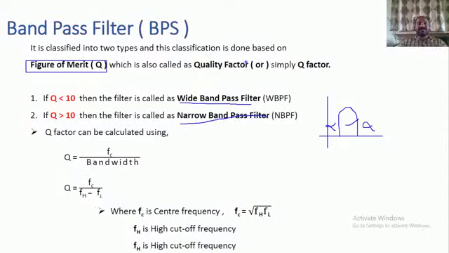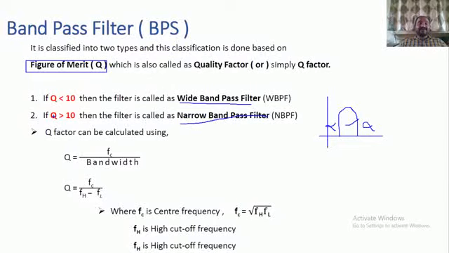So, based on the Q factor value, there are two types of band pass filters: the wide band pass filter and the narrow band pass filter. If the Q value of a band pass filter circuit is less than 10, it is called a wide band pass filter.